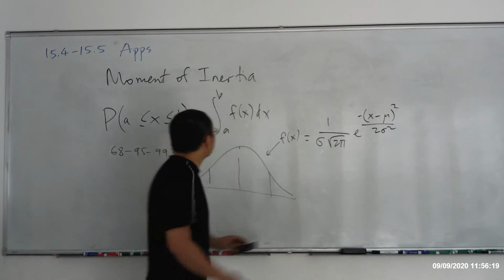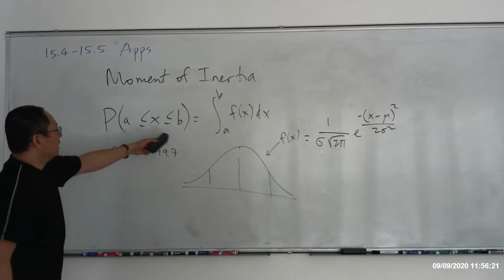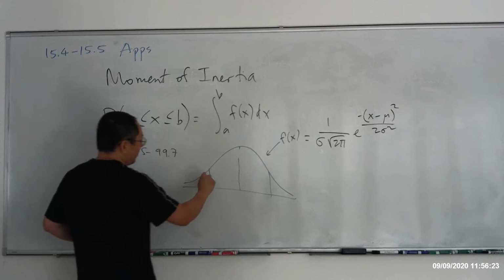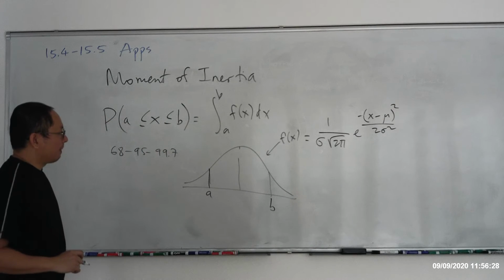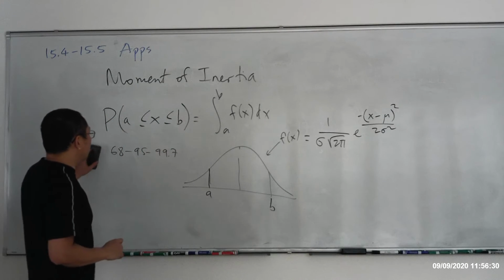Anyway, this is just Calc 1, and this is the probability when you have something between a and b in general. You do an integral. And same thing for 2D.